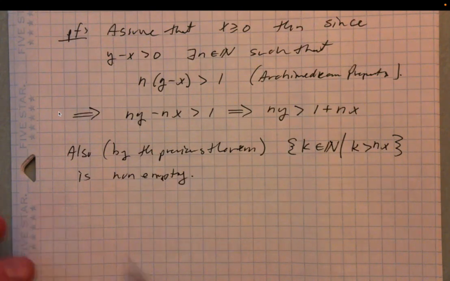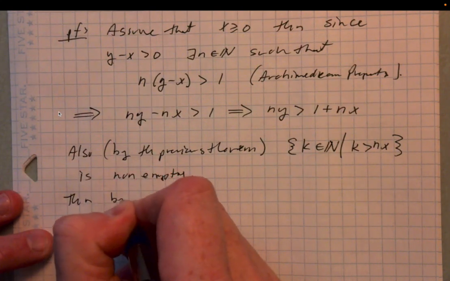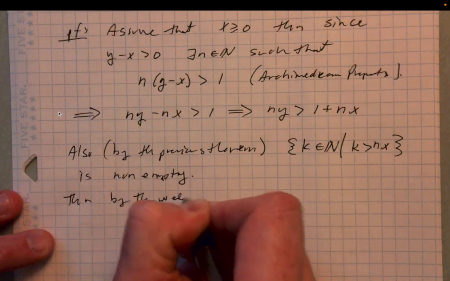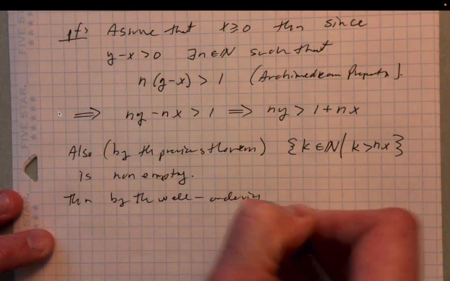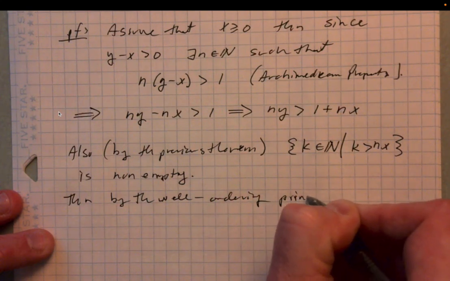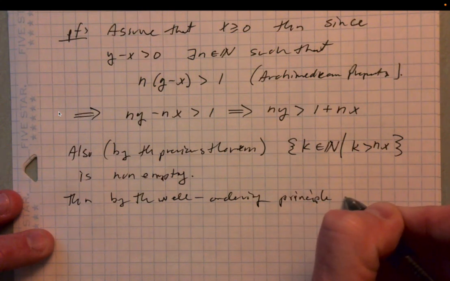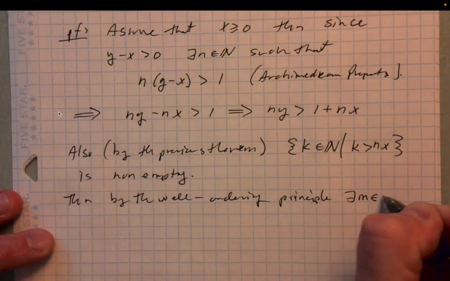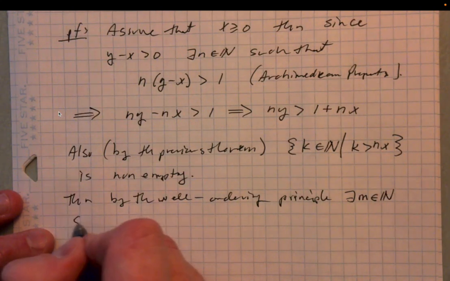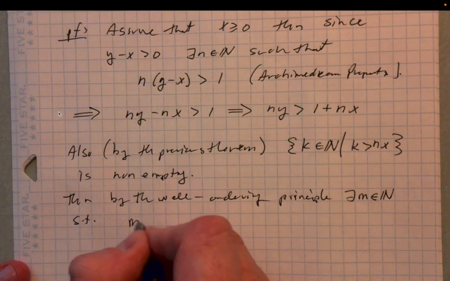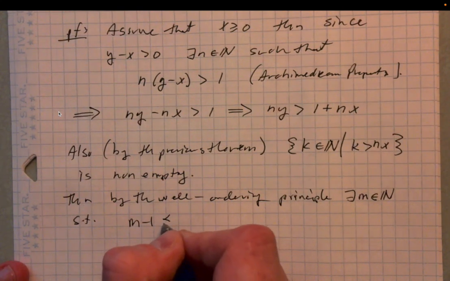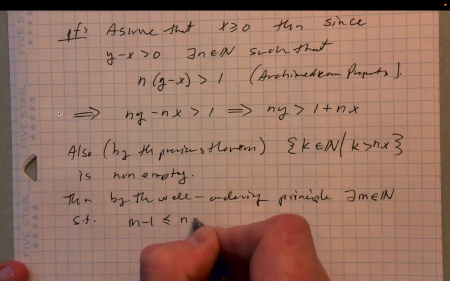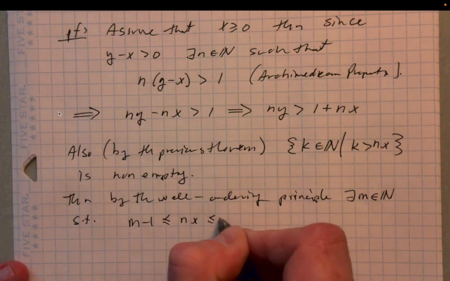Then by the well-ordering principle, there exists a natural number m such that m minus 1 is less than or equal to nx, which is less than or equal to m.